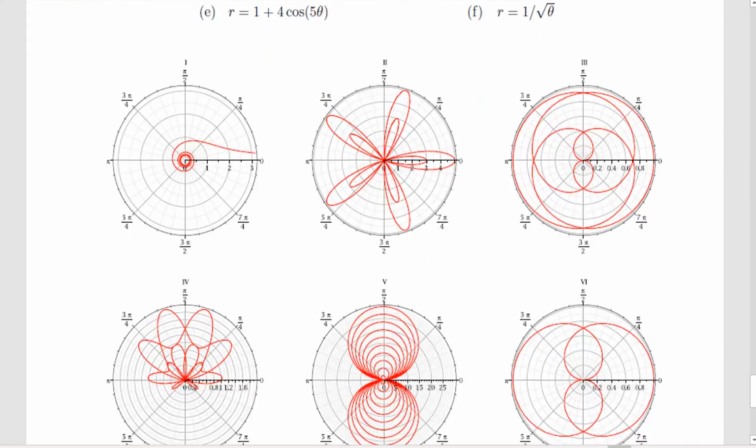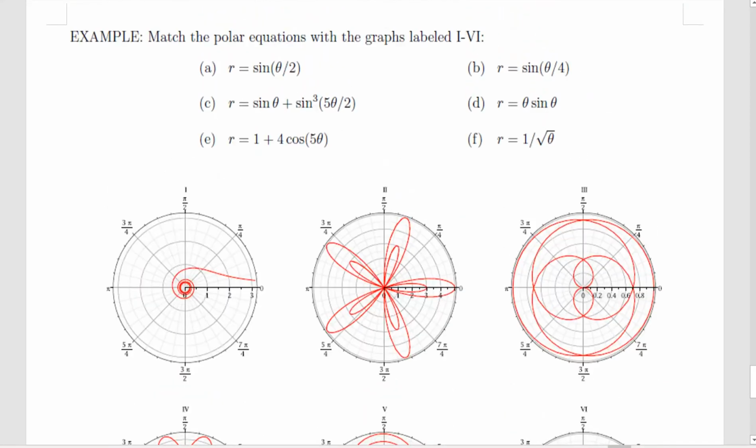If you see sine and cosine in the expression, it's going to be a periodic function. It's going to repeat.